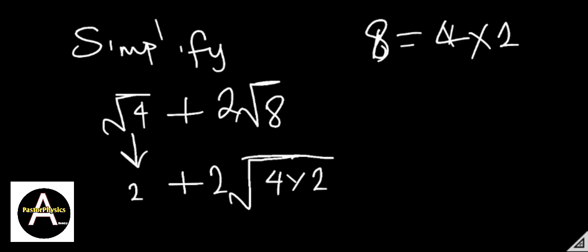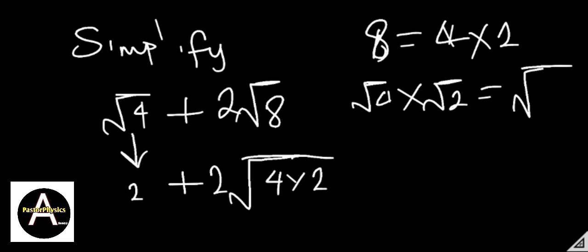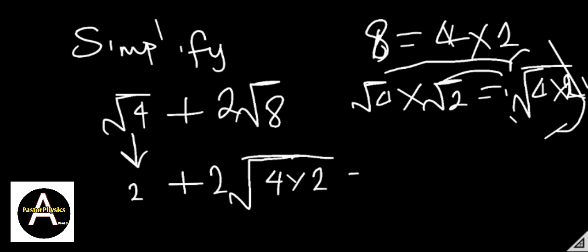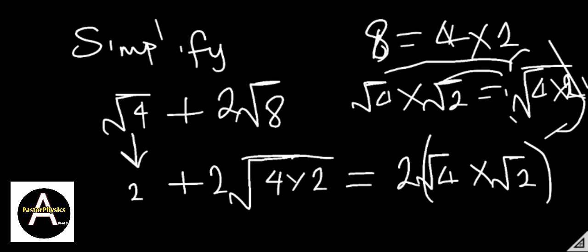And by the law of multiplication of SURD, if we have root 4 times root 2, it is the same thing as enclosing them under one root, so that is 4 times 2, right? So this root of 4 times 2 can be broken down into root 4 times root 2. So this is the same thing as saying 2 root 4 times root 2. Remember, the 2 is still multiplying everything here, right?